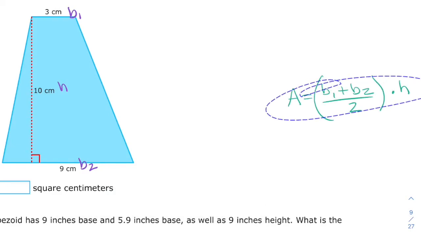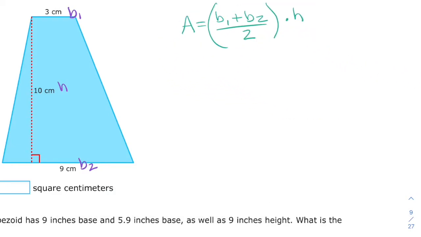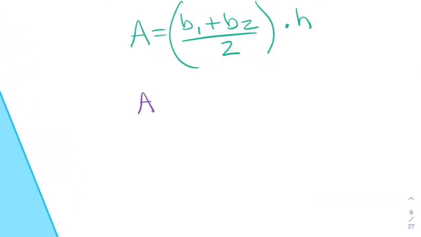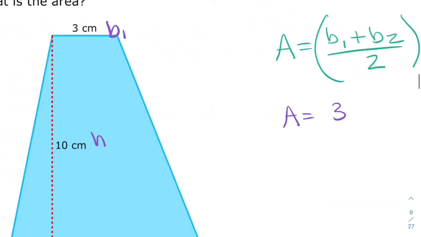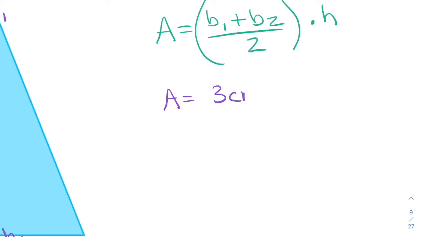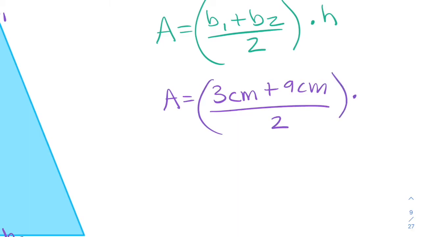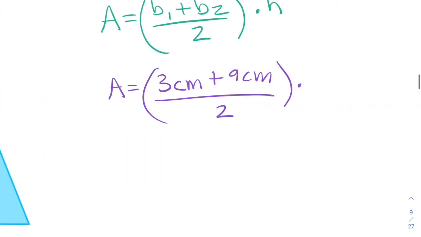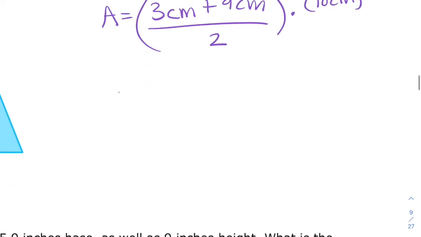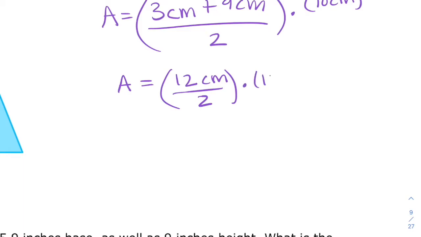So area equals 3 centimeters plus 9 centimeters divided by 2 times height, which is 10 centimeters. So area equals 9 and 3 is 12 centimeters over 2 times 10 centimeters.